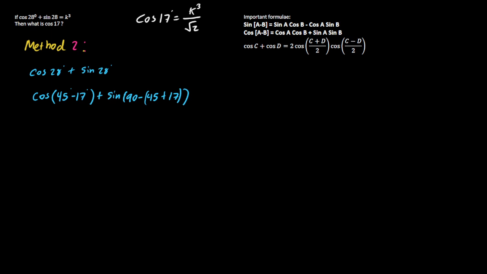Now, obviously, if you have sine 90 minus something, it flips to cosine. So you can write this as plus cos 45 plus 17. All right, and this is all equal to k cubed. Let me just write that.